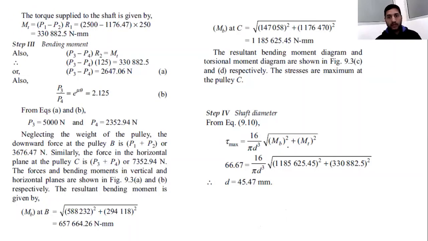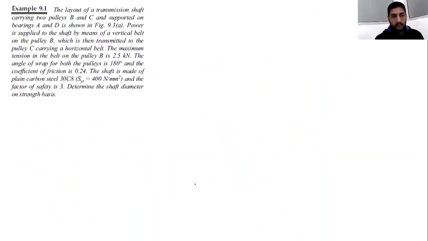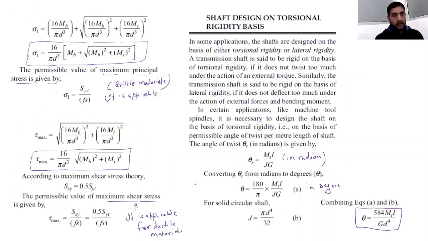So first of all, let me explain this particular formula to you: tau max = 16 / (pi d^3) times the root of (Mb^2 + Mt^2). When we were designing the shaft on the basis of strength, we have two formulas, this formula and this formula.